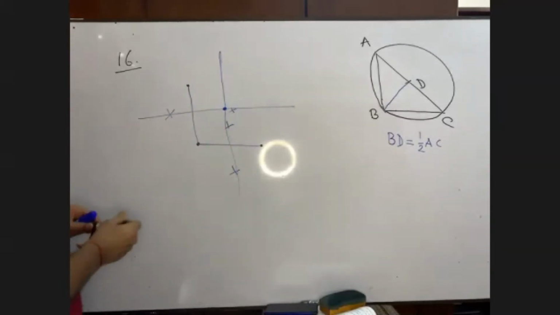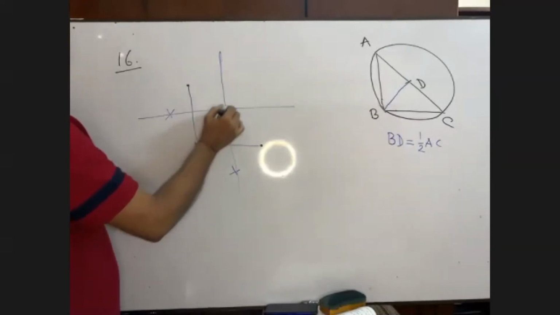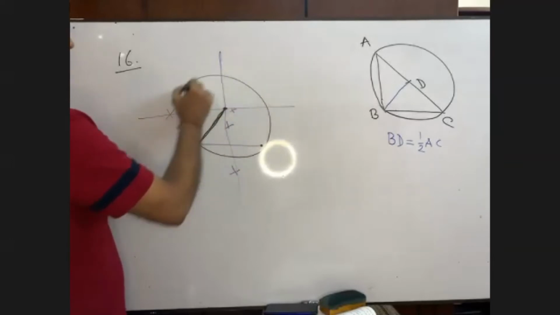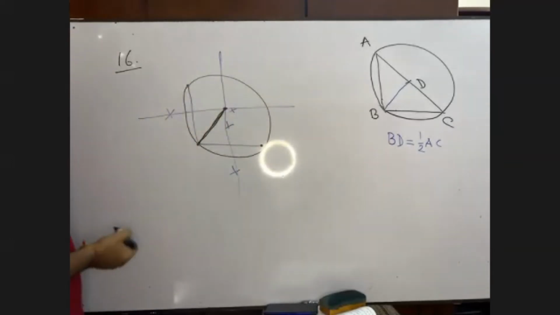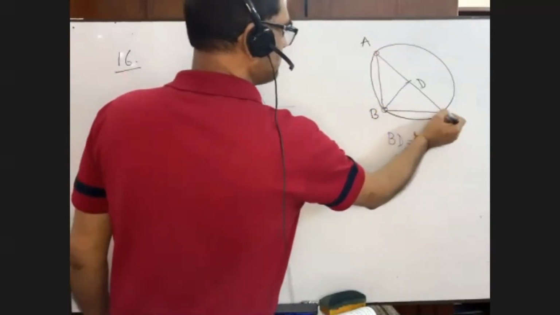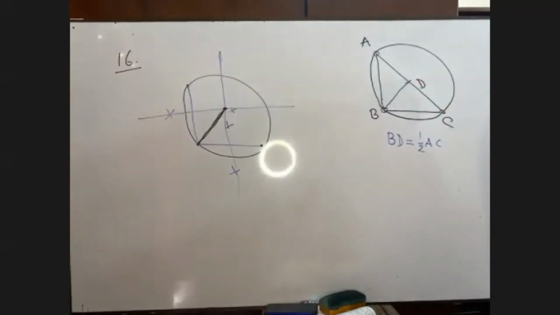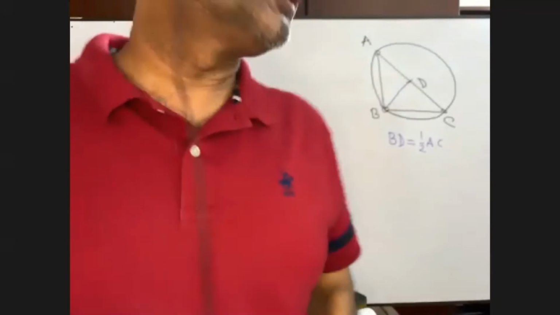Now, if we take this as the center and take this radius, we can draw a circle passing through all these 3 points. A is a point, B is a point, C is a point. So it is possible to draw a circle passing through the points, if the points are not collinear. Have you got me? Okay, that's good.